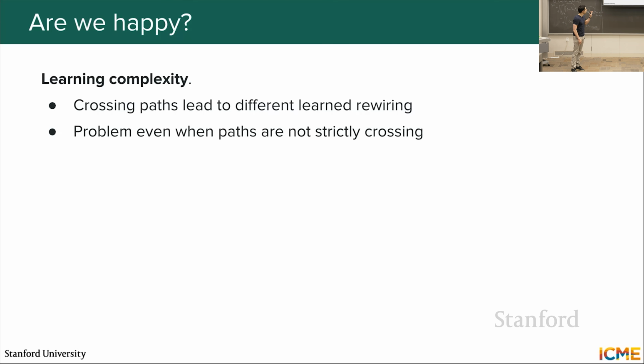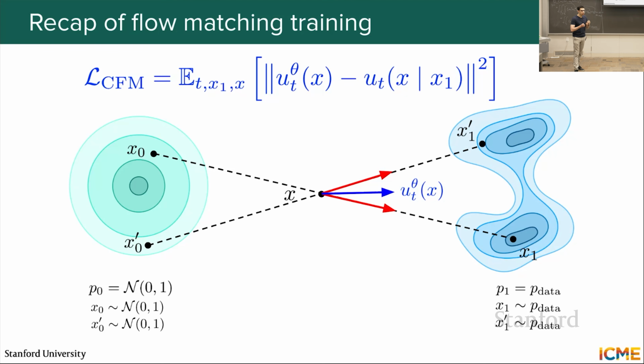And the second thing that I want to say is that you could have this phenomenon happening even though the points of intersection are not at the exact same t, because in practice you're going to learn this vector field with a neural network. And neural networks are a class of functions that are going to be smoothing things in space.